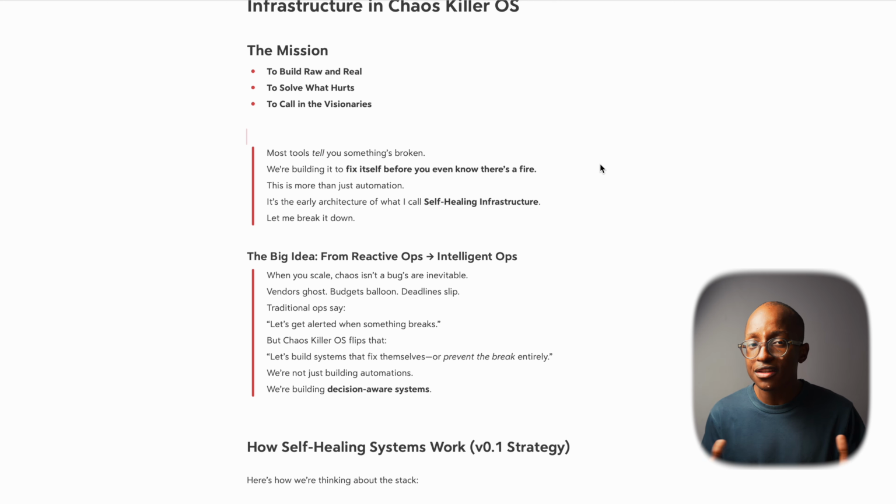That allows you to not take a reactive approach but an intelligent approach, making sure it is self-healing, so you can solve the problems within your current infrastructure without having to start from scratch each and every time. Basically having that self-healing membrane, its own ops brain, and injecting that into the builds that we're making.